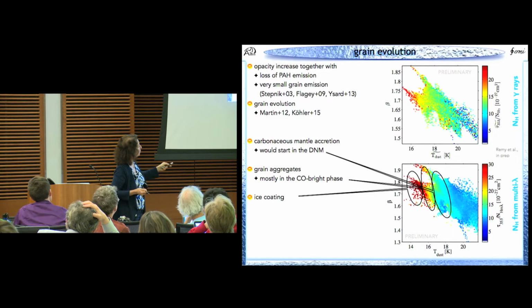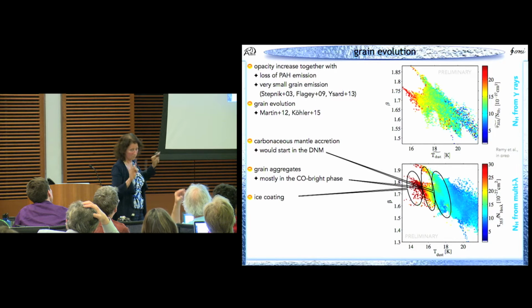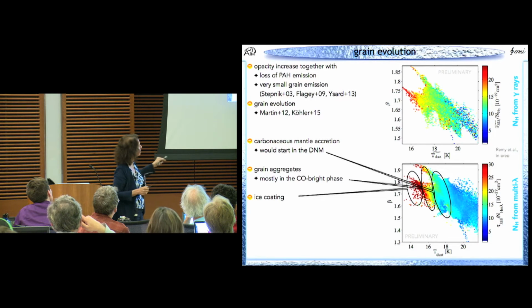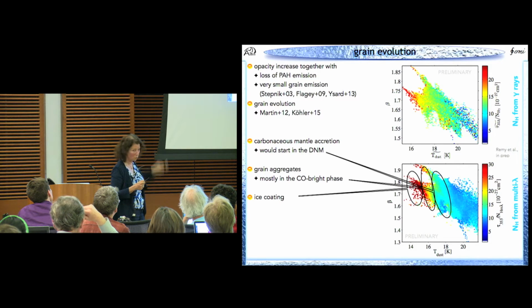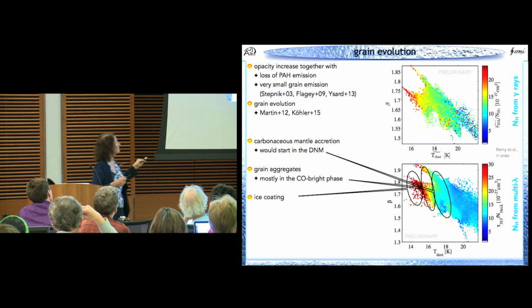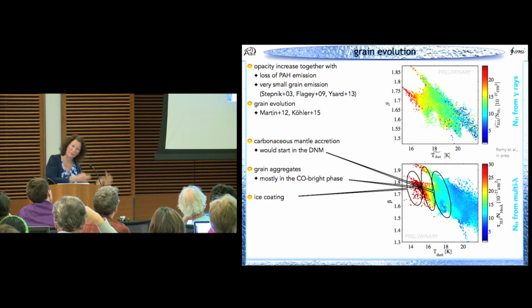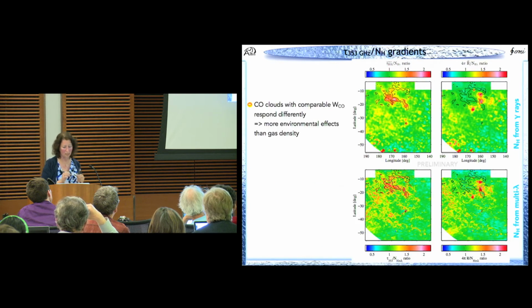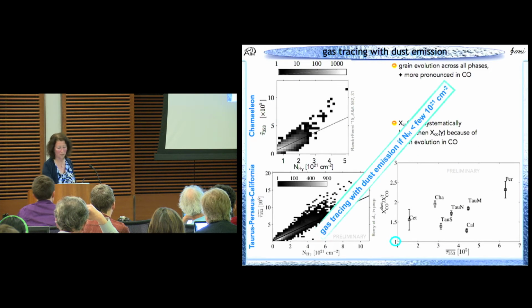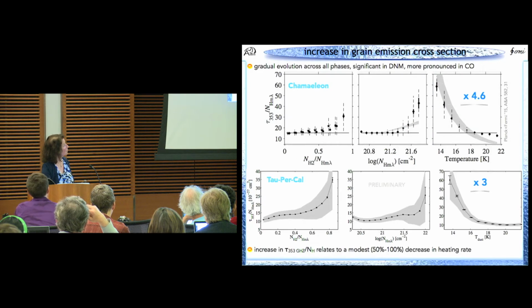And so what we see is that probably there's mantle accretion on the grains, and that would occur in the DNM type of column densities, that they aggregate into fluffy aggregates more in the CO phase from our maps, and the extreme tau over NH opacities are due probably to ice coating, according to this model, in the very dense CO part.